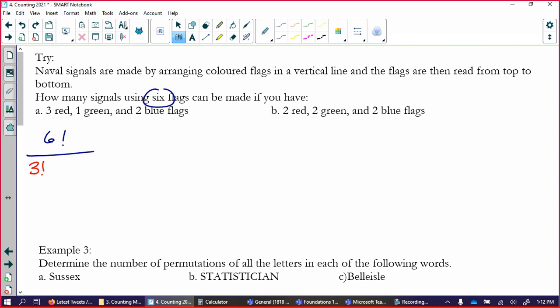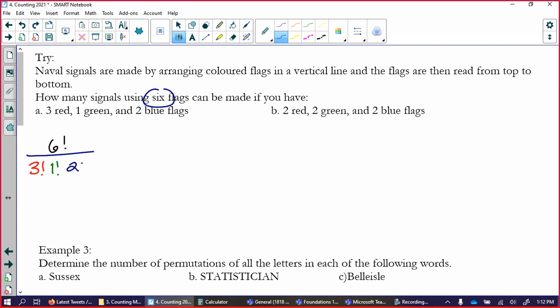The 1 green is redundant. You don't have to do the 1.